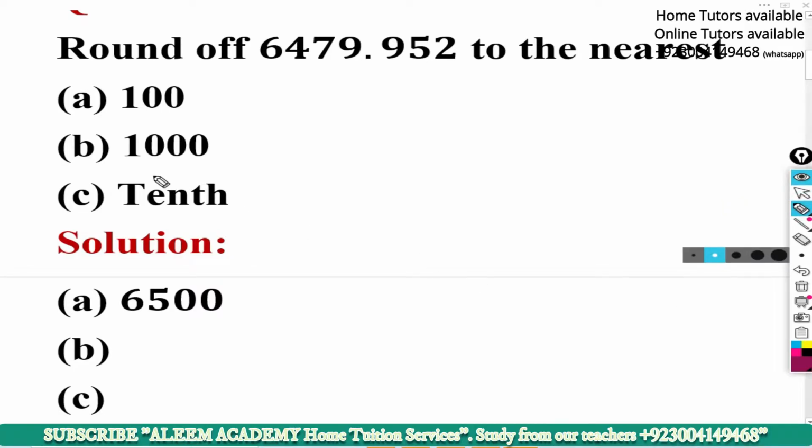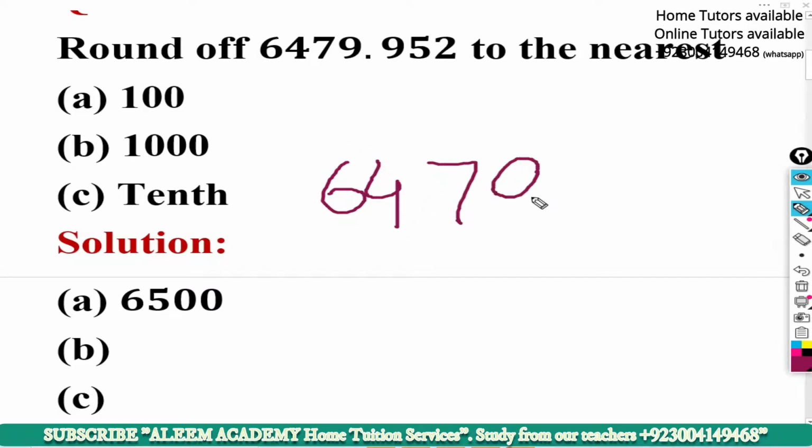The second part is 1000. Thousands mean we again have to consider the whole number part of the above number, so that is 6479. This is units, this is tens, this is hundreds, and this number is in the place of thousands.